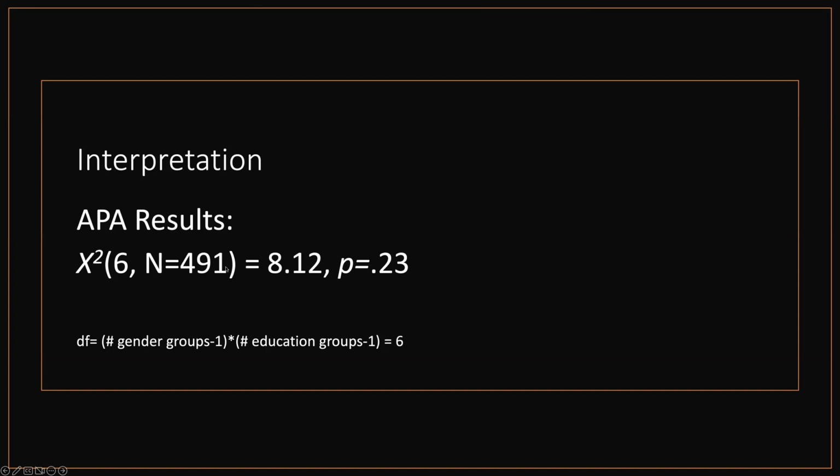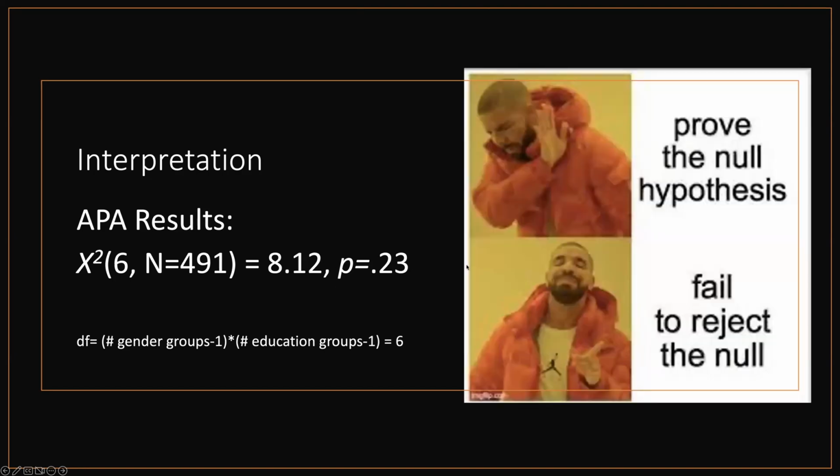This is important because you can potentially get a very high chi-square value, and knowing the sample size is important. So our chi-square value is 8.12. Our p-value, and the p is in italics, equals 0.23. So this is not significant.